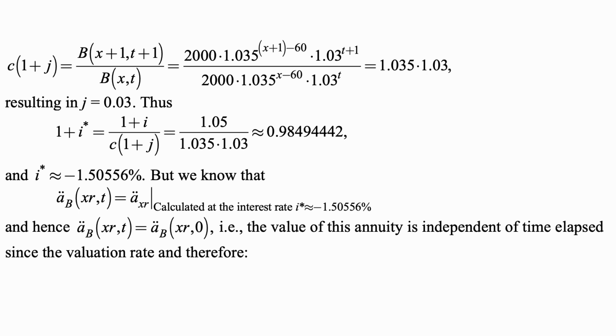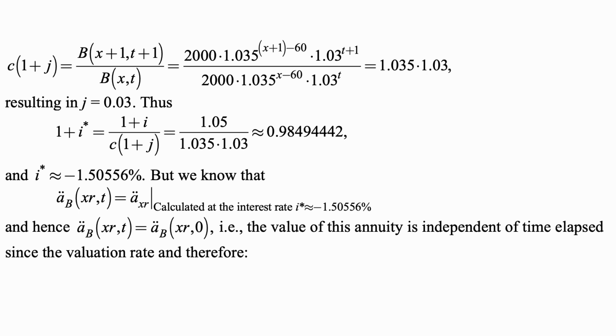And therefore 1 + i* is (1 + i) over c times (1 + j), so it's 1.05 over 1.035 times 1.03. That's approximately 0.9849444. And then i* is approximately negative 1.50556%. Don't be confused by the fact that we get a negative interest rate. That's perfectly okay.